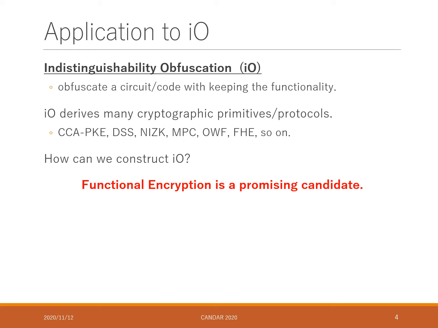By using iO, we can obtain various cryptographic primitives or protocols, for example, chosen-ciphertext secure PKE, digital signatures, non-interactive zero-knowledge, and so on. However, the inverse, how can we construct iO, is an important question. Concerning this, functional encryption is a promising candidate.